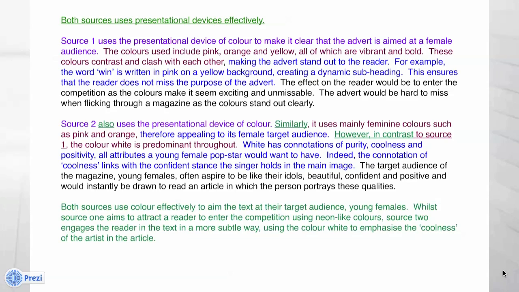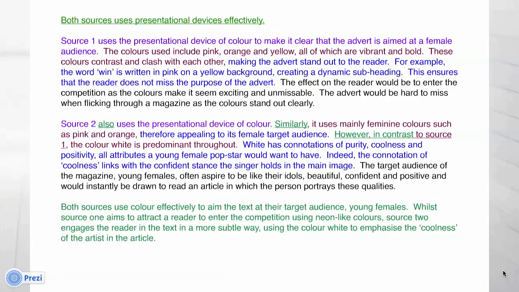However, in contrast to source 1, the colour white is predominant throughout, so that's my comparison there. White has connotations of purity, coolness and positivity, all attributes a young female pop star would want to have. Indeed, the connotation of coolness links with the confident stance the singer holds in the main image.